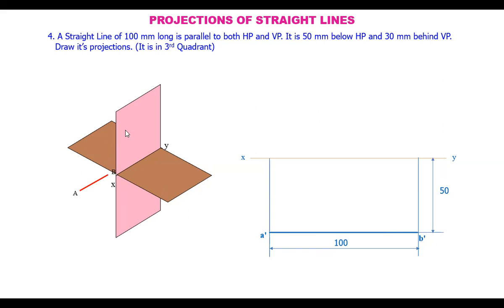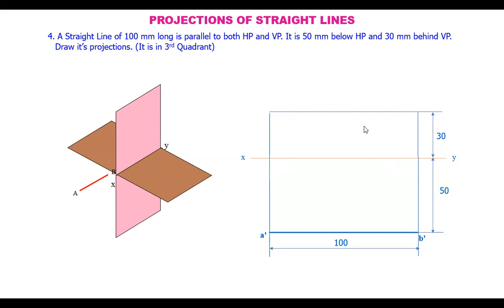This line appears here like this, parallel to the reference line, AB. It is at a height of 30 mm because this distance is 30 mm from the reference line. At a height of 30 mm, we draw a horizontal line parallel to the reference line.